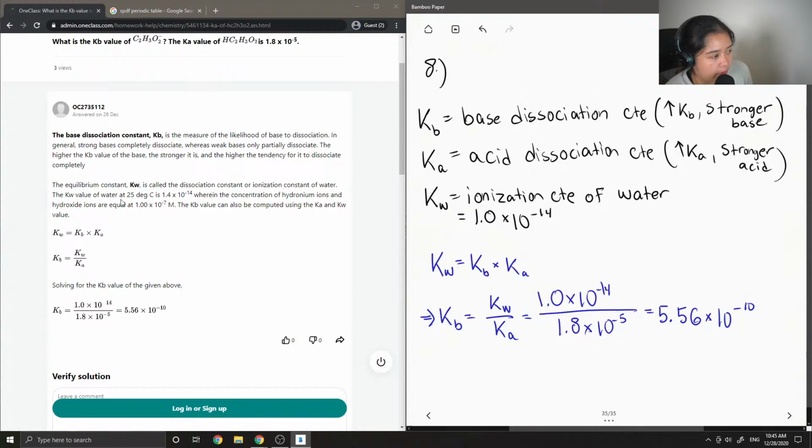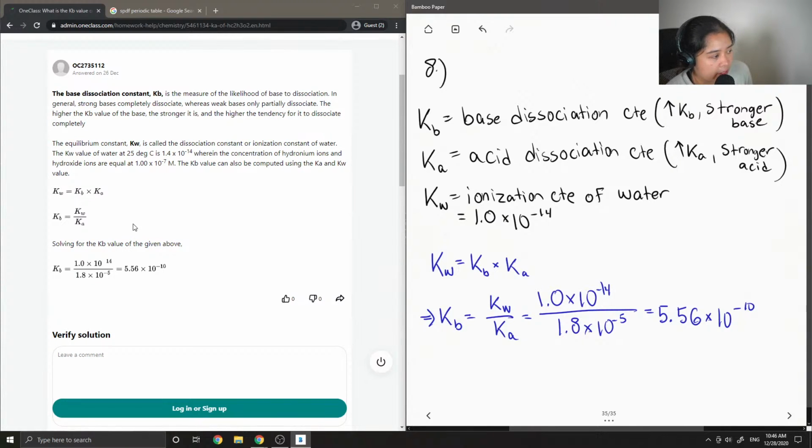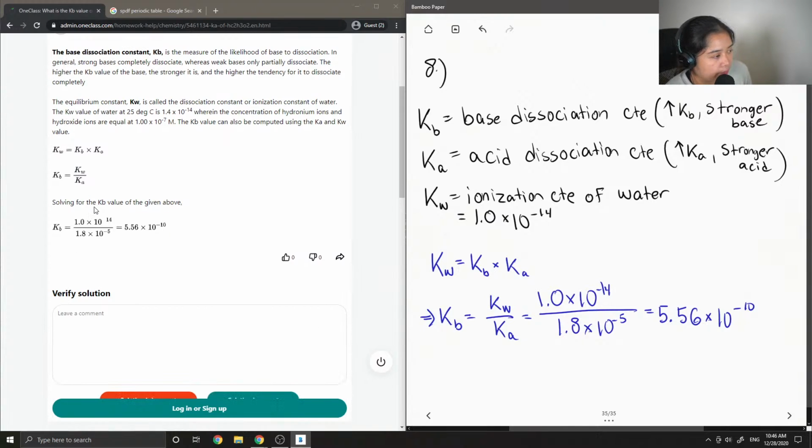Kw value of water at 25 degrees is 1.4 times 10 to the negative 4, wherein the concentration of hydronium ions and hydroxide ions are equal at 1 times 10 to the negative 7. The Kb value can also be computed using the Ka and Kw value. Okay, so they showed the relationship between all of the different variables.